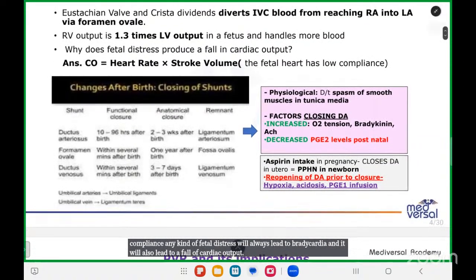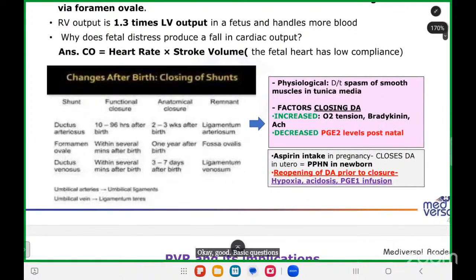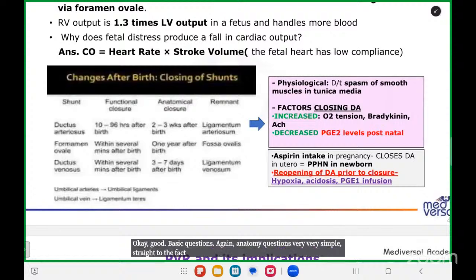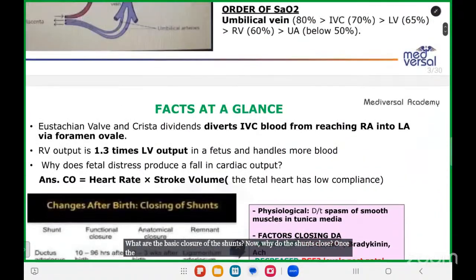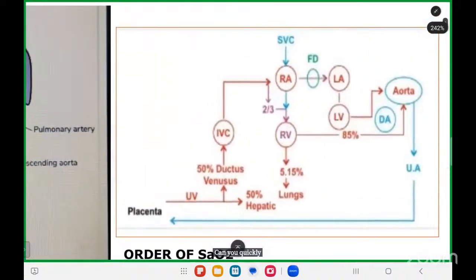Okay, good. Basic questions, again anatomy questions, very simple, straight to the fact, but we start getting confused at times during exams. What is the basic closure of the shunts? Now, why do the shunts close? Once the baby is born, you quickly look to this flowchart. Once the baby is born, we know that the placenta is cut.